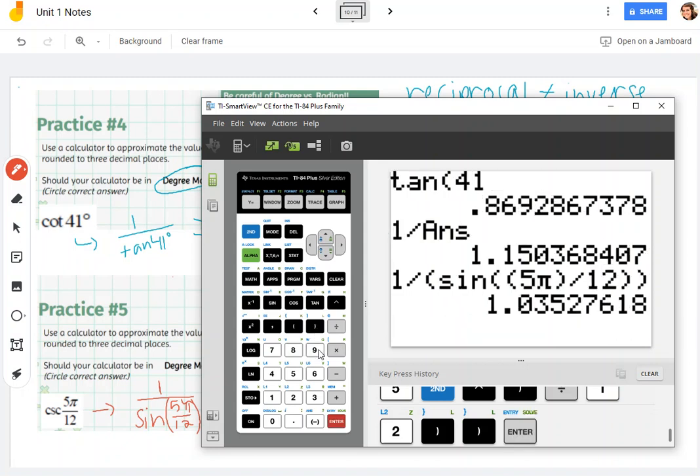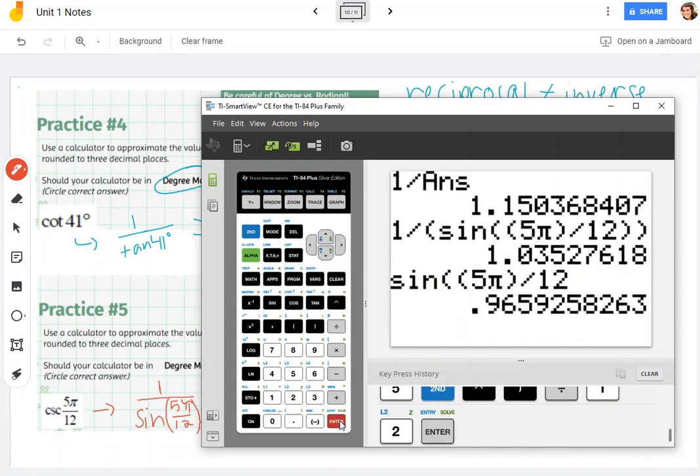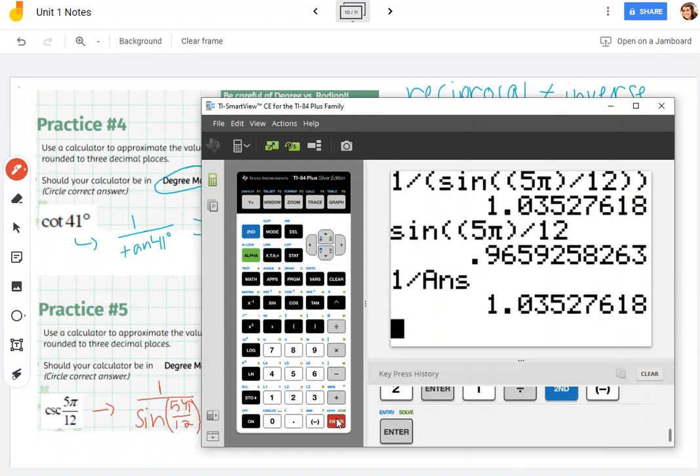Again, if you would prefer a little bit less parentheses, we can do sine of 5 pi divided by 12. And then we can do 1 divided by second answer. There you go. You see 1.035. So if we rounded that, it could be 1.04.